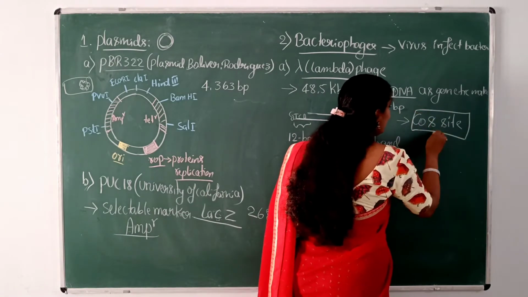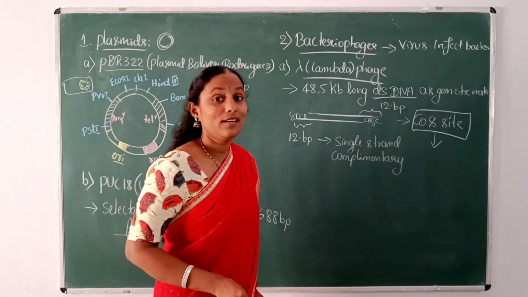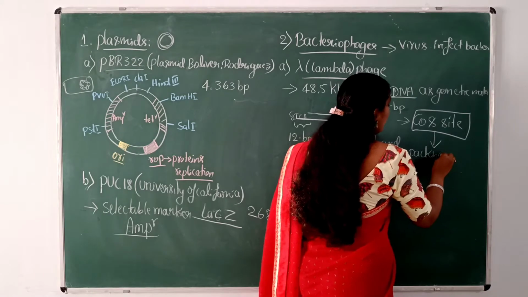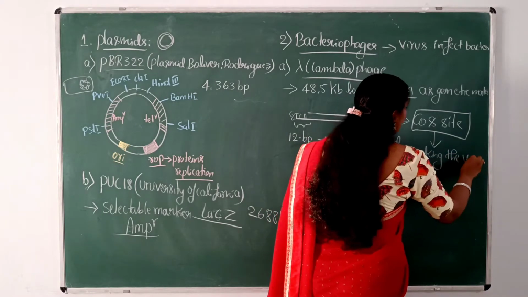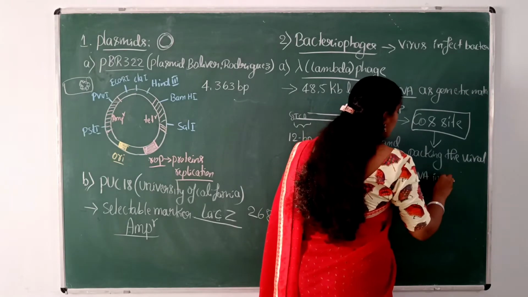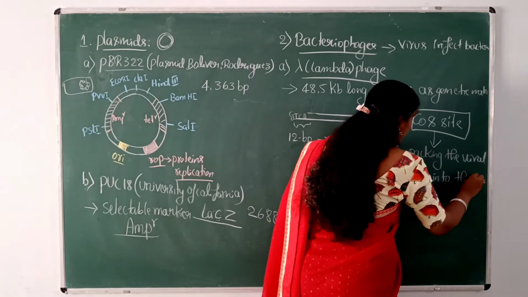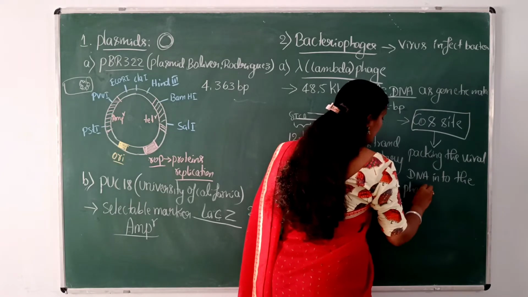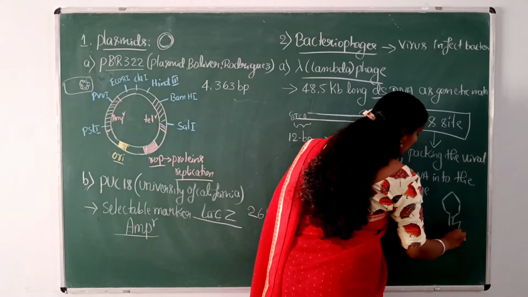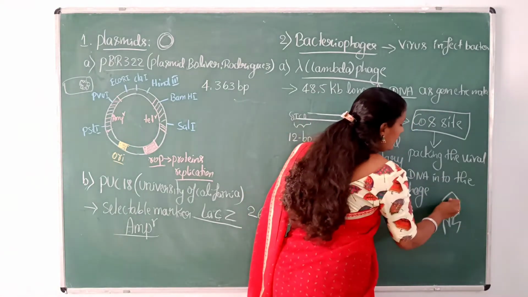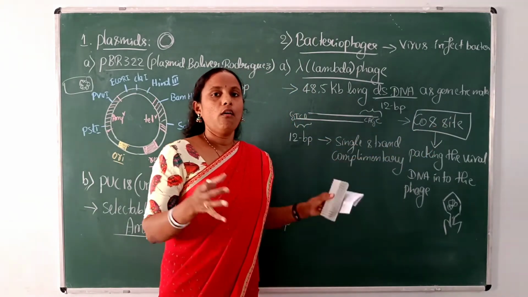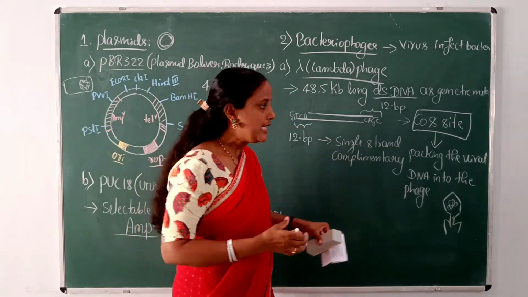This cos site is very important in packing the viral DNA into the phage head. The bacteriophages have a head, collar and tail, and genetic material will be packed in the head. If it is a long length, then it cannot be accommodated easily in the head.